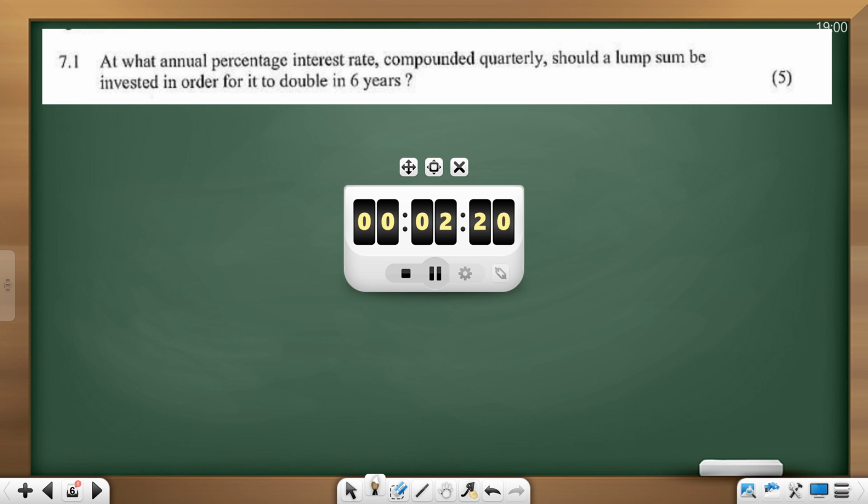We are looking for interest rate here. Hamza wants to pass by 1 mark. It's fine. Power of 1 mark.